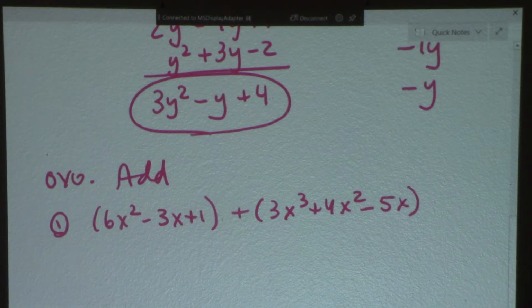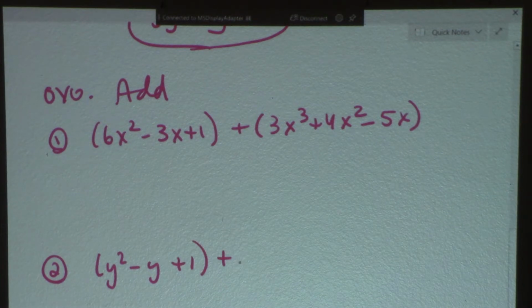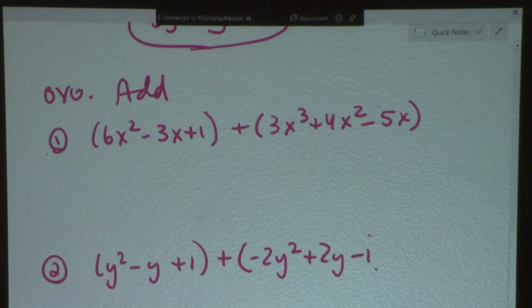So go ahead and do that one. And number 2, y squared minus y plus 1 plus negative 2y squared plus 2y minus 1. Okay, so go ahead and pause the video and we'll come back in just a moment.